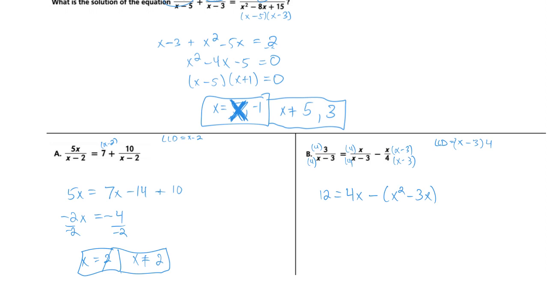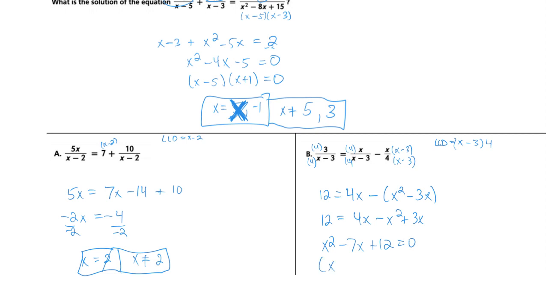And then x times negative 3 is negative 3x. So we get 12 equals 4x minus x squared plus 3x. Let's move it all to the left side so we get a positive x squared. So we get x squared, and then we had 4x and 3x, so negative 7x plus 12 equals 0.